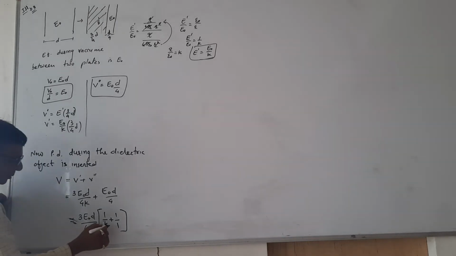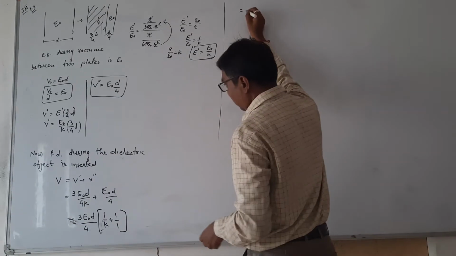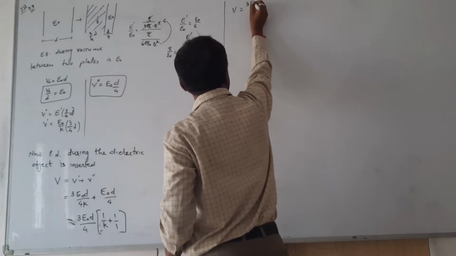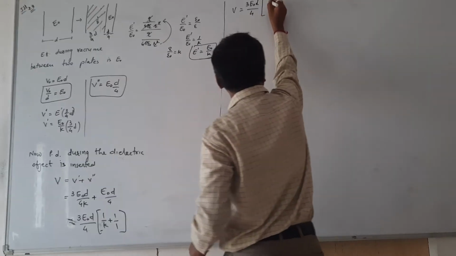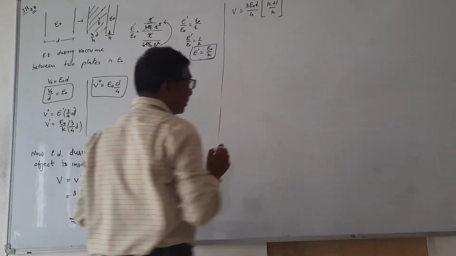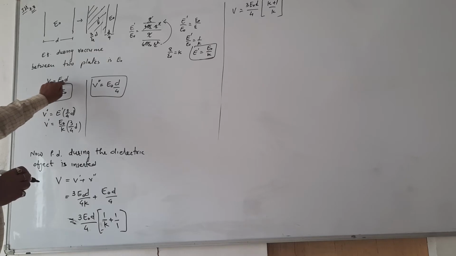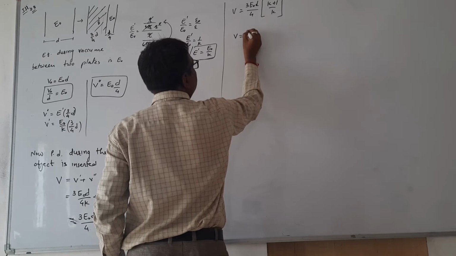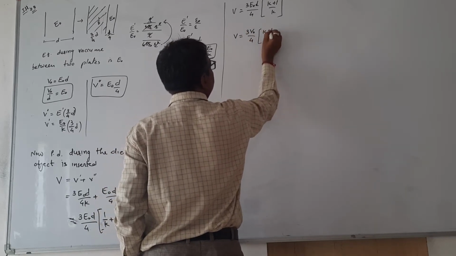So it is written in this form: V is equal to 3 E0 D upon 4 times (1 upon K plus 1)... rather, inside, K plus 1 upon K. But you know that V0 is equal to E0 into D. So V is 3 V0 upon 4 times (K plus 1) upon K.